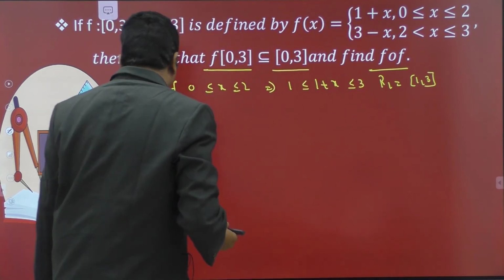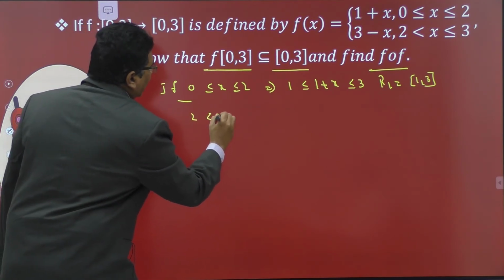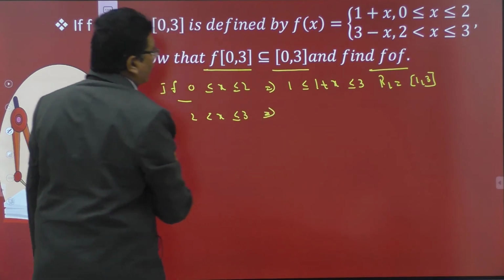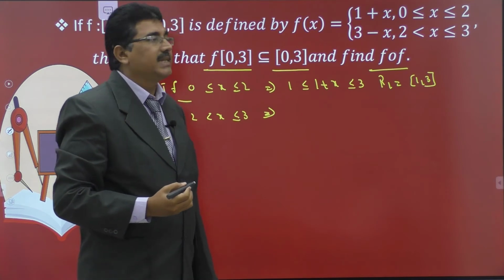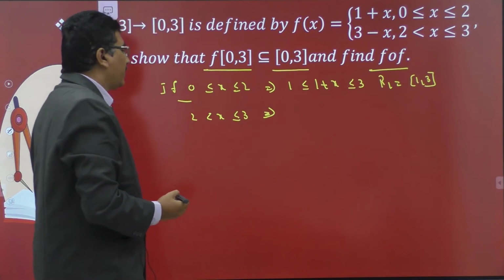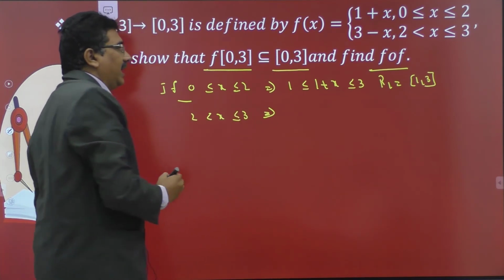Right. Now 2 less than x less than or equal to 3. In this case, f of x is equal to 3 minus x. So first we multiply the minus sign to this inequality.